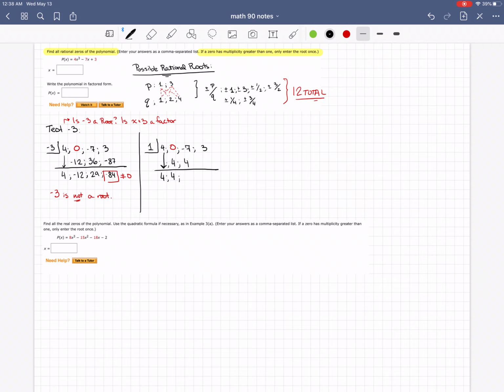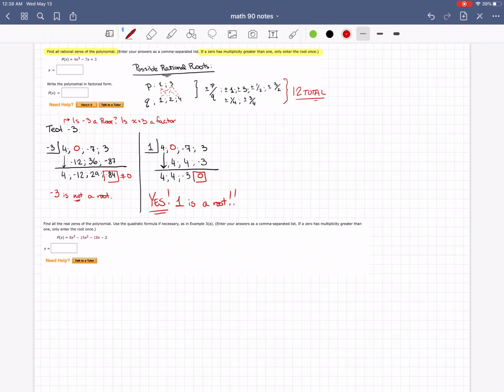Negative 7 plus 4 is negative 3. Negative 3 times 1 is negative 3. Right? Like this is that super exciting moment. Since the remainder is 0, 1 is a root.